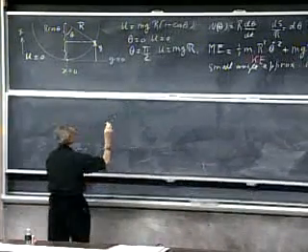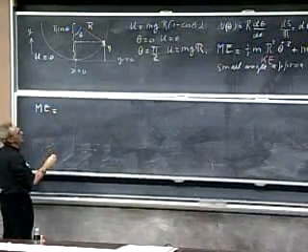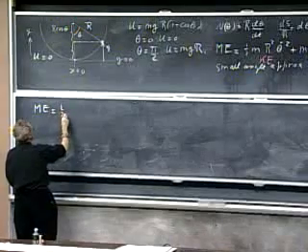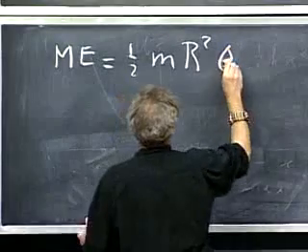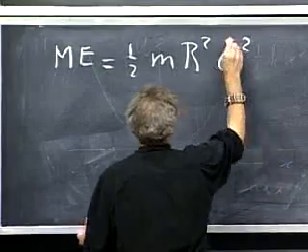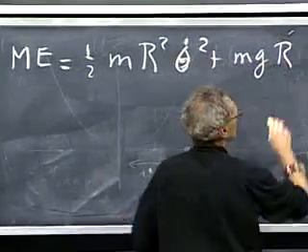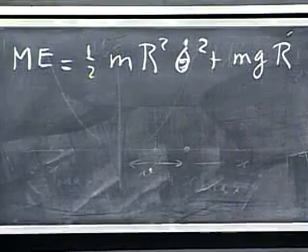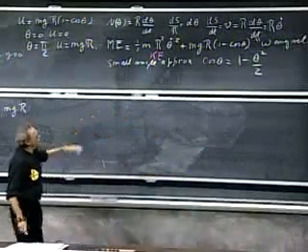So we're going to get that the mechanical energy, which is not changing, equals 1/2 m r squared theta dot squared plus mgr. Cosine becomes 1 minus theta squared over 2. So we have a minus times minus becomes plus.